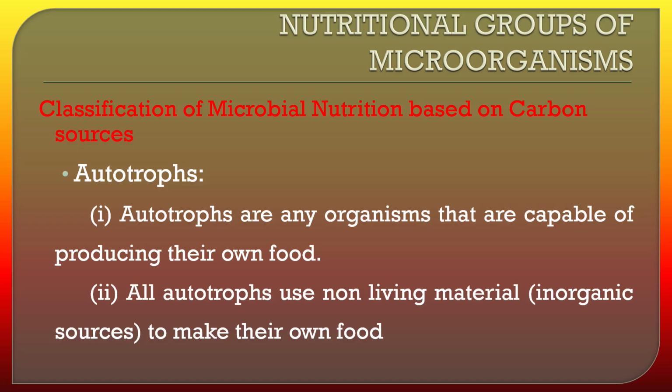Nutritional groups of microorganisms. This classification is based on the carbon source requirement. The first one is autotrophs. Autotrophs are organisms that are capable of producing their own food. For most, this is achieved by using light energy, water and carbon dioxide, for example algae and cyanobacteria.